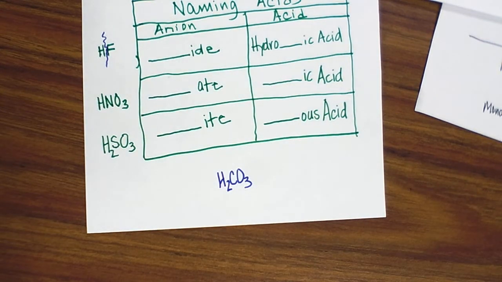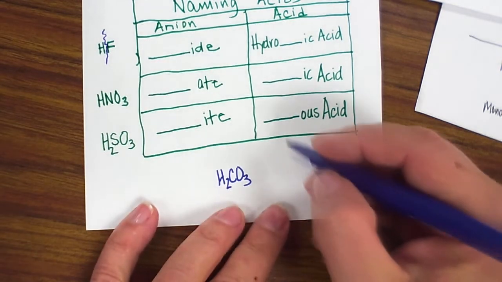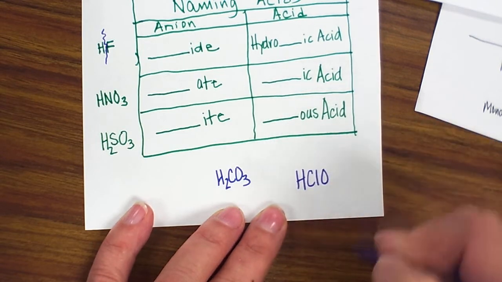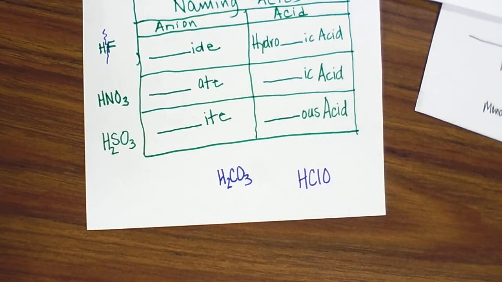Okay. What about if it was this? Hypochlorite. So this is hypochlorous acid.